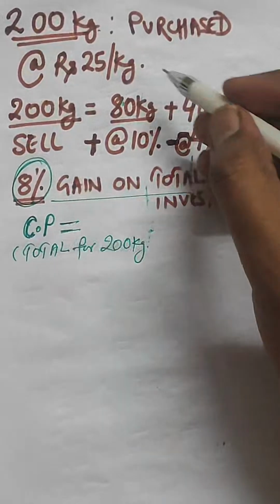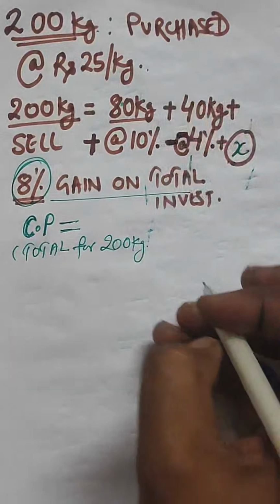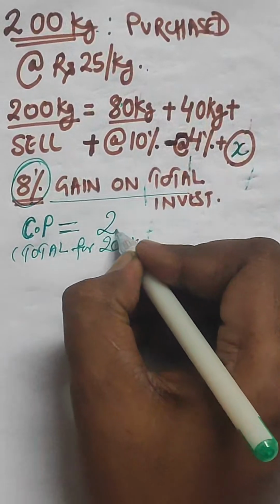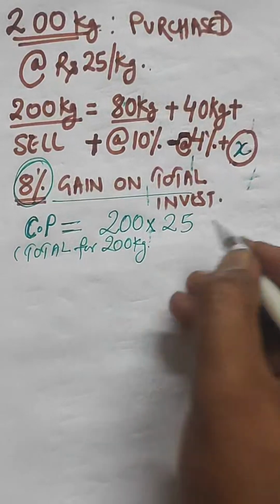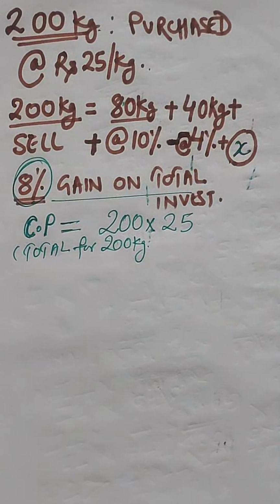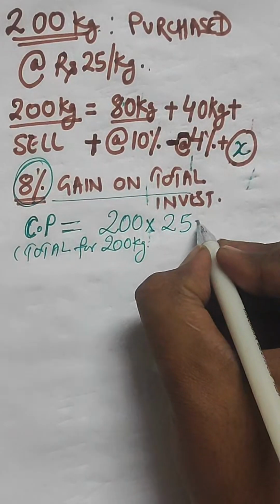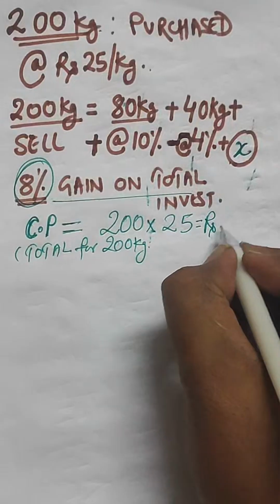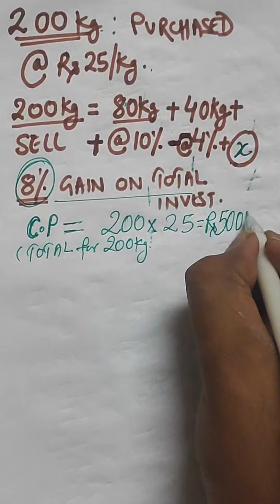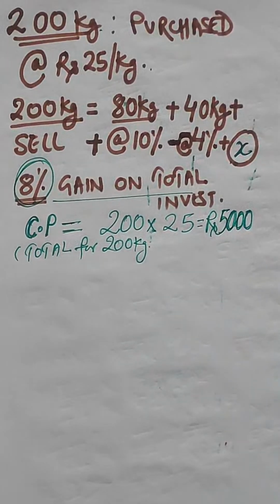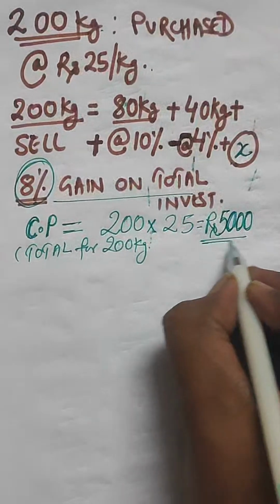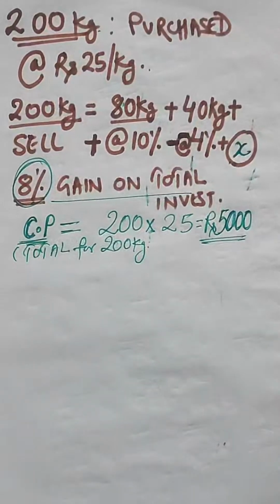When the rate is rupees 25 per kg, it will be 200 into 25, isn't it? And the total price which came to you is rupees 5000. So 5000 is your cost price. This is the cost price, right?